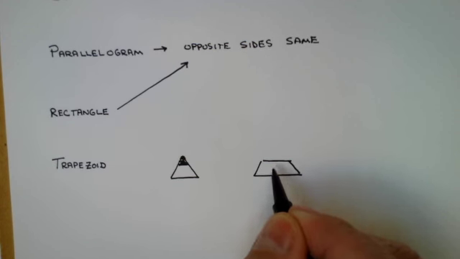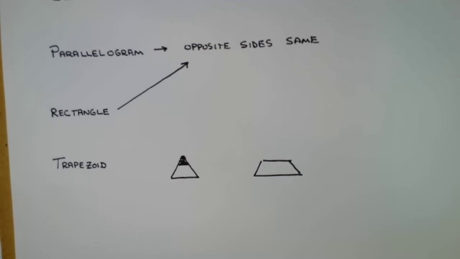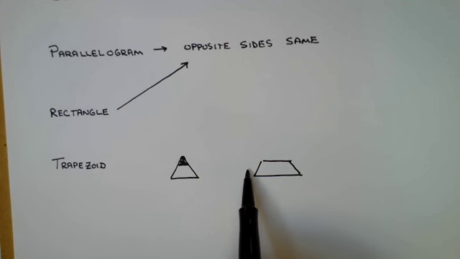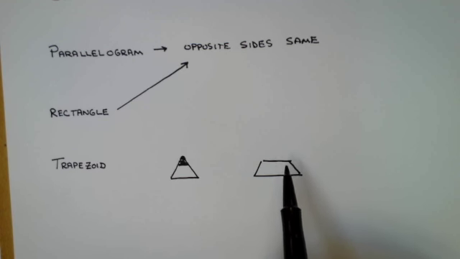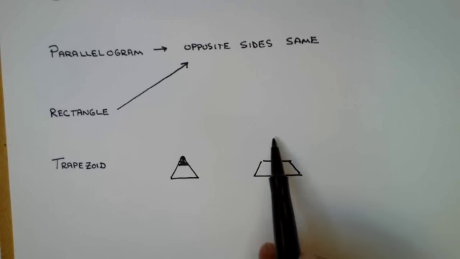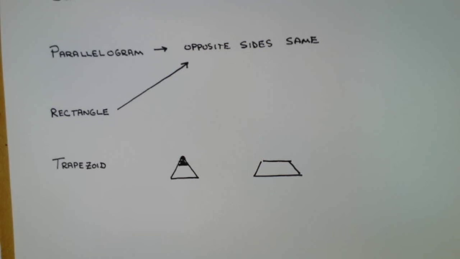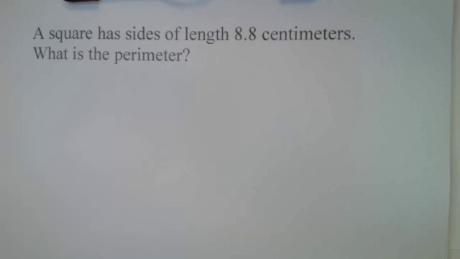It's got 2 bases and it's got 2 sides. If it says an isosceles trapezoid, then these sides right here are going to be the same because the bases are going to always be different. One's going to be shorter and one's going to be longer because you've taken a triangle and you've cut the top of it off. So some examples.